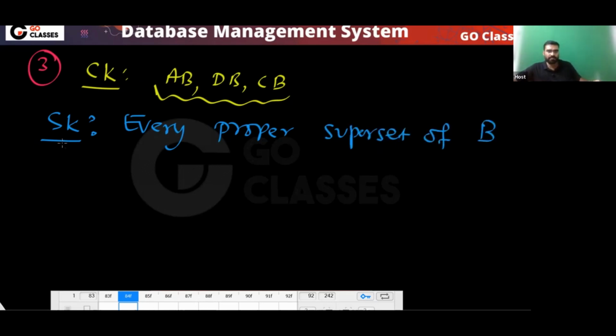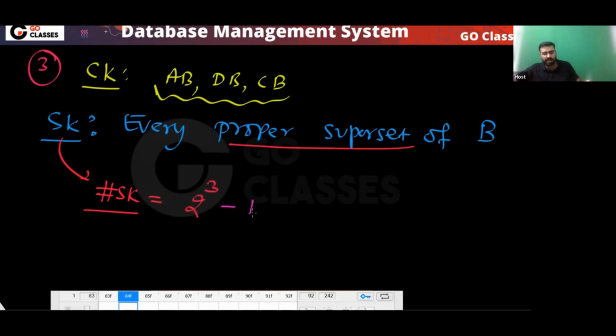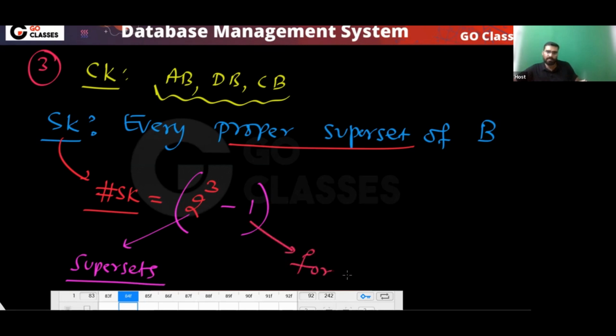There will be these many supersets minus 1. These are the supersets. This is for proper supersets.